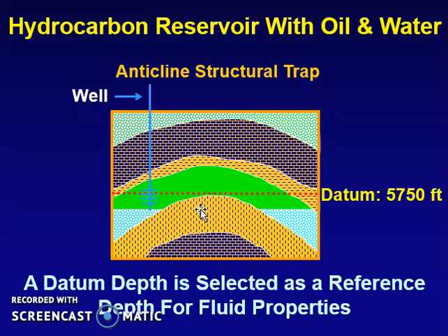Now, when we want to talk about the fluid properties, this is a structure of the same reservoir. And you can see still we have this is water, this is oil, and the gas actually is not here. This is, let's say, another example. There is a wellbore drilled.